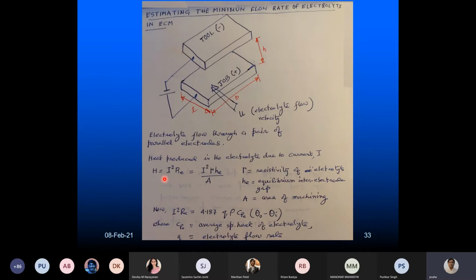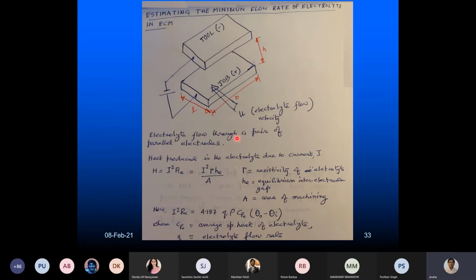Gamma is the resistivity of the electrolyte. Whatever the gap setting H, after some time it will take an equilibrium value, which we denote by HE, the equilibrium inter-electrode gap.